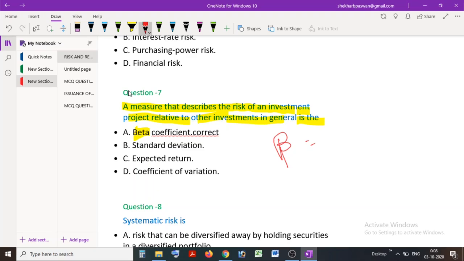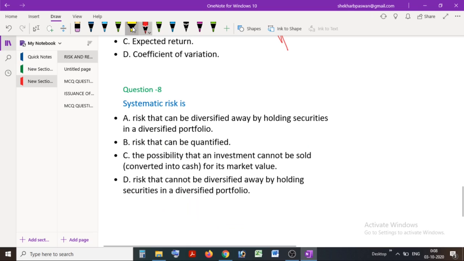Okay, now the last question, question number 8. Systematic risk is what? First, a risk that can be diversified by holding the security in a diversified portfolio. Second, a risk that can be quantified. Third, the possibility that an investment cannot be sold for market value. Fourth, the risk that cannot be diversified by holding the security in a diversified portfolio.